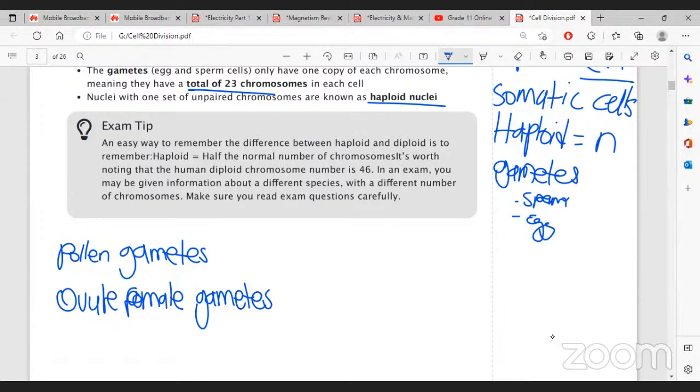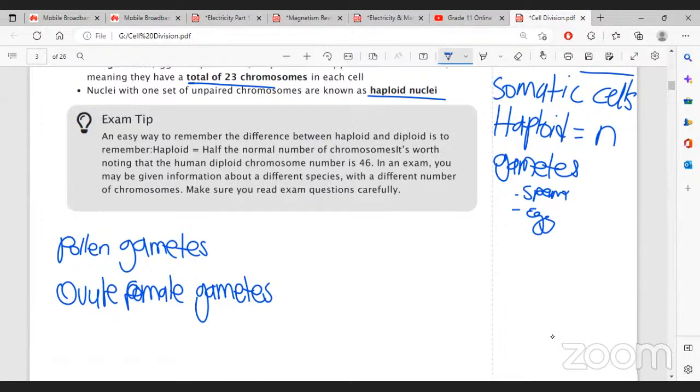Those cells in your bone marrow come out and specialize into lymphocytes, and even into neutrophils. But most of these things you will learn down the syllabus or down the course.